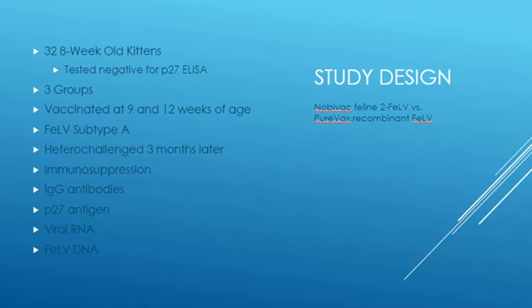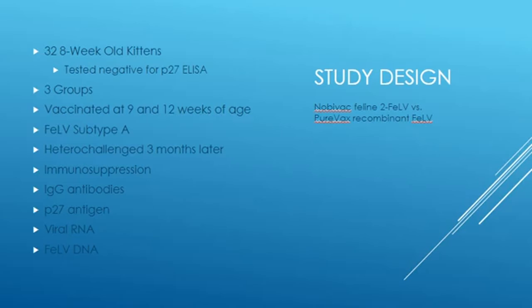The subjects were immunosuppressed at least 4 hours before they were challenged, and then again a week after they were challenged. They were tested for IgG antibodies with the ELISA at 20 days and at 111 days.